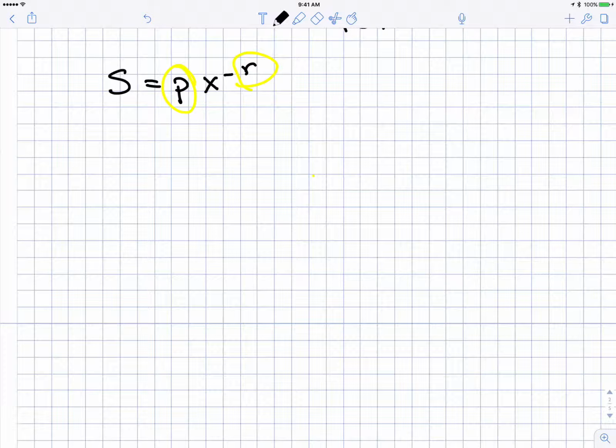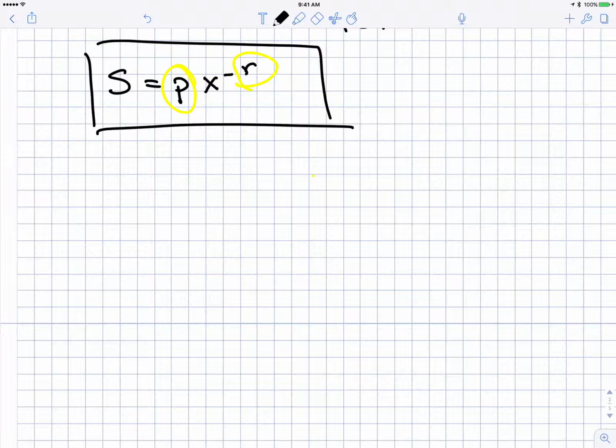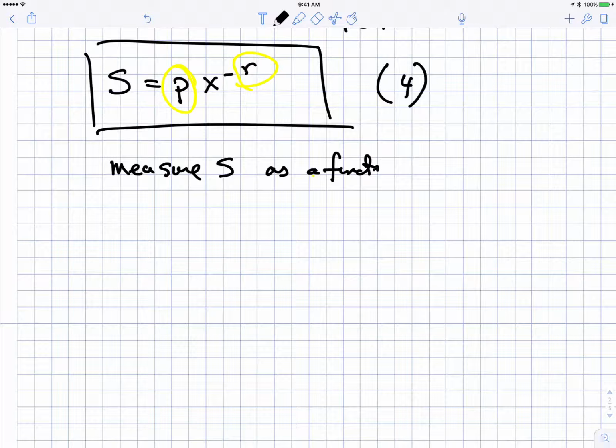Different volcanoes will have different values of p and r, but they will all fit this basic equation, which is given as equation 4 on the handouts. So we want to find p and r. That's our job. We can measure s as a function of x, that is, we can work our way down the mountain, and so we can determine s and x, and from that we'll want to solve for p and r.